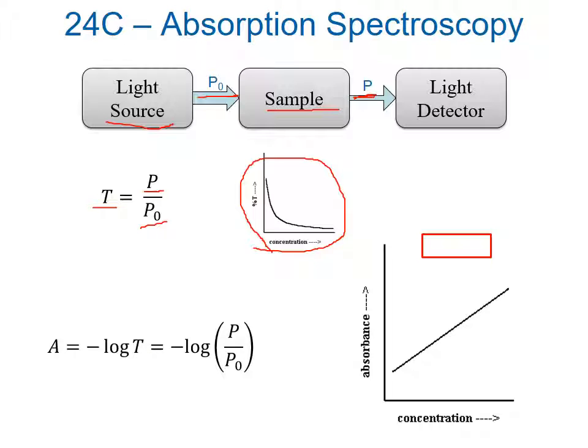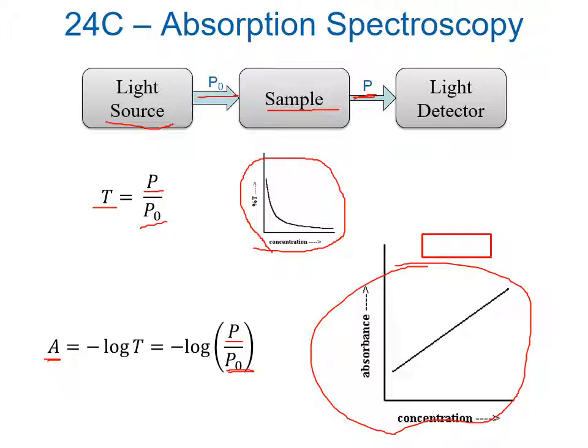Absorbance we define as the negative log of transmittance, or the negative log of the light that actually passes through a sample versus the incident light that hits the sample in the first place. When we measure absorbance versus concentration as opposed to transmittance versus concentration, now we can see that there's actually a linear relationship in many cases.